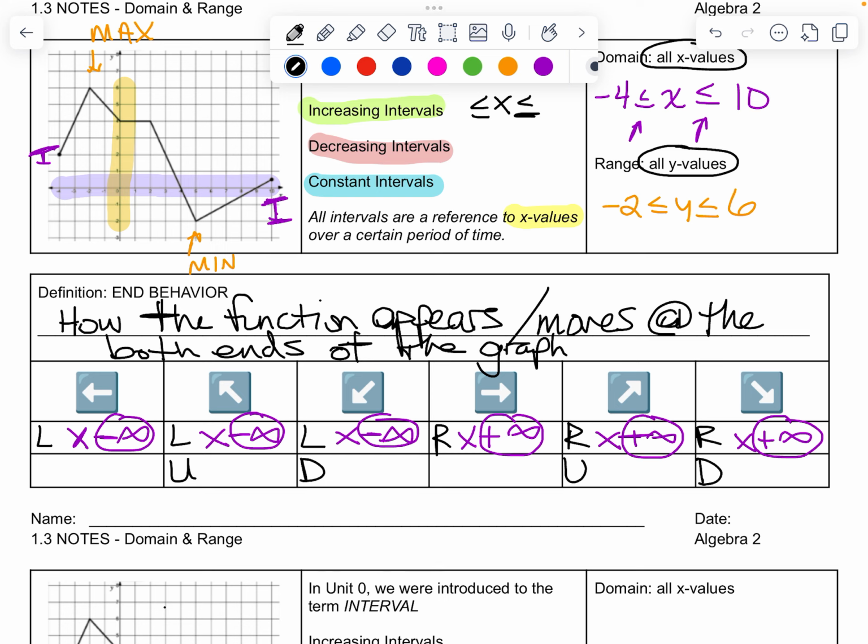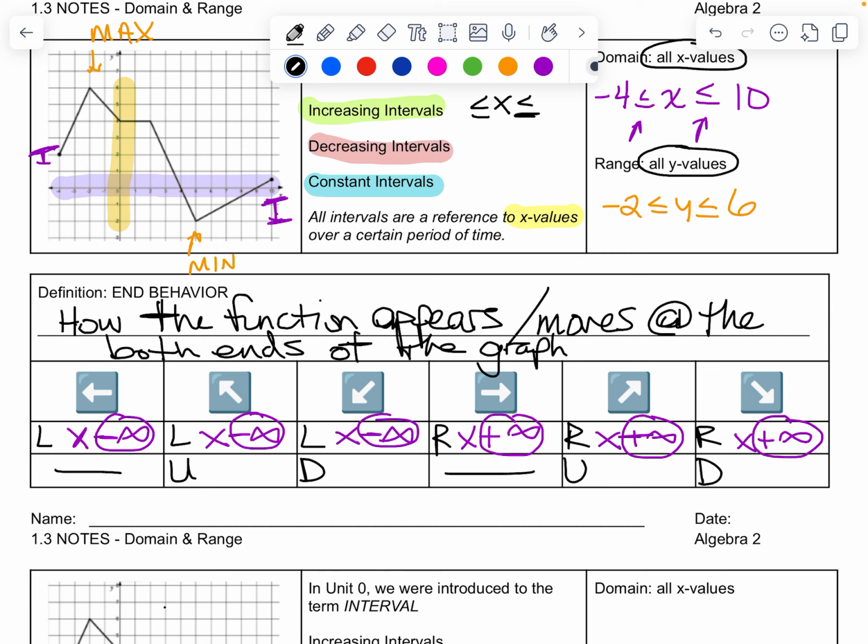So if it's a constant, I don't necessarily have to worry about it. It's not really going up, it's not really going down. When I see the word up or down on a graph, then I know that the y value is traveling to either negative infinity if it's down or positive infinity if it's up.